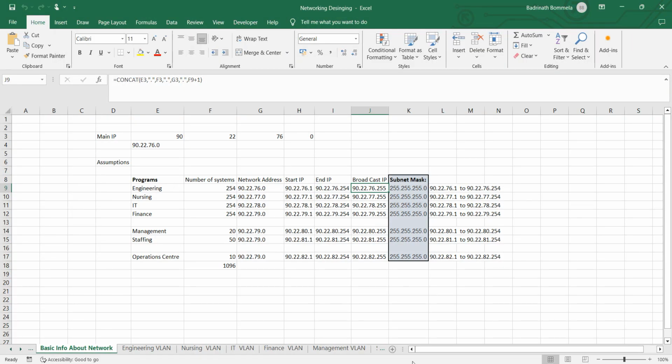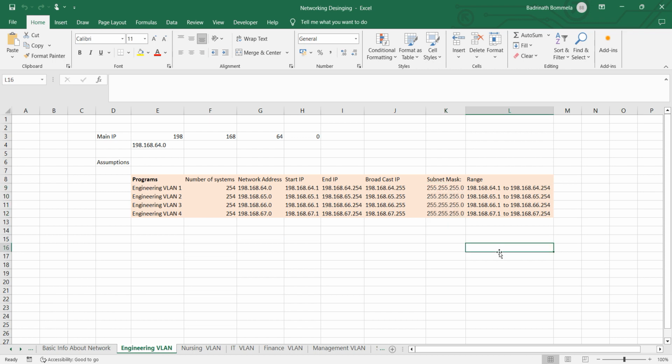Next, go to the Excel sheet. Ignore this basic info about the network, then go to the engineering VLAN. I have created four VLANs, but among these you can select any two VLANs, or two or three or four VLANs, it's up to you.